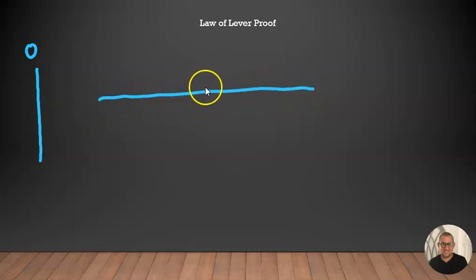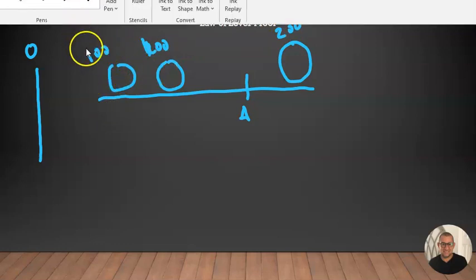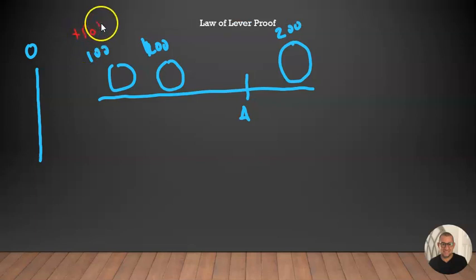We had a 100-pound ball, another 100-pound ball, and a 200-pound ball, at positions 50 inches, 90 inches, and 150 inches, all positive, because they're to the right of the datum.